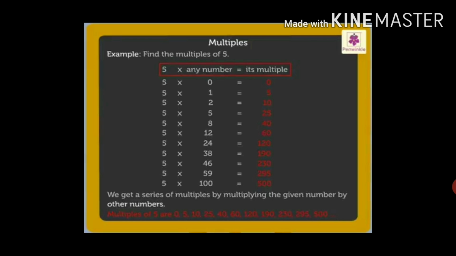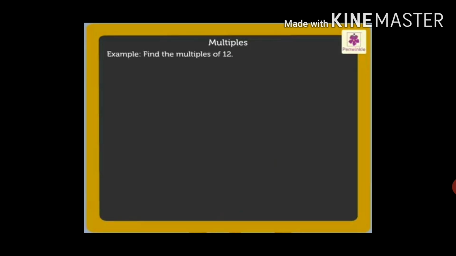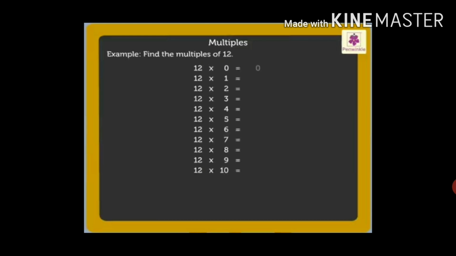Let us look at one more example. It is easy. When we multiply 12 by 0, 1, 2, 3, 4, 5, 6, 7, 8, 9, 10 and so on, we get 0, 12, 24, 36, 48, 60, 72, 84, 96, 108, 120 and so on as the products.